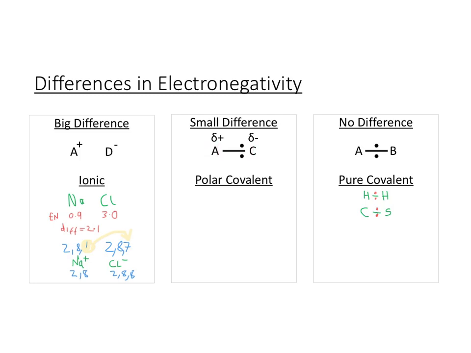An example for that would be oxygen bonding with hydrogen. If we look up their electronegativity values, we have 3.5 for oxygen and only 2.2 for hydrogen.